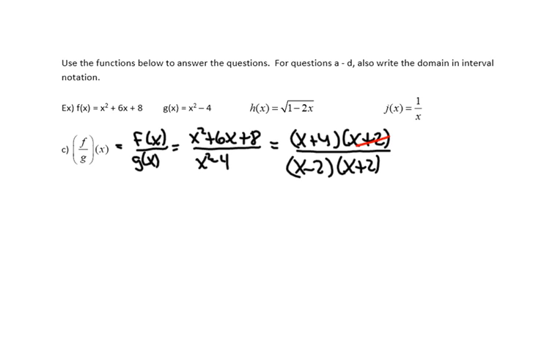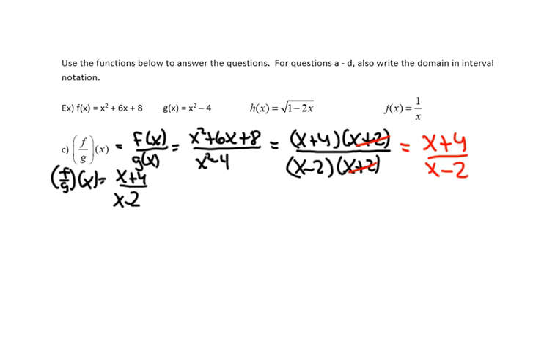I can divide out an x plus 2. Note, I cannot divide out the x's here. Those are common terms, not common factors. So I can write now the domain.